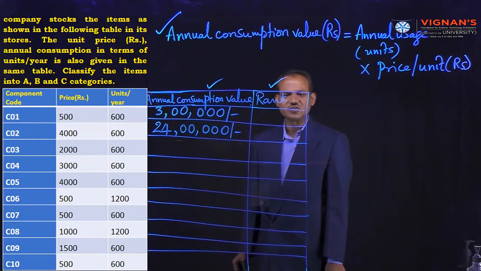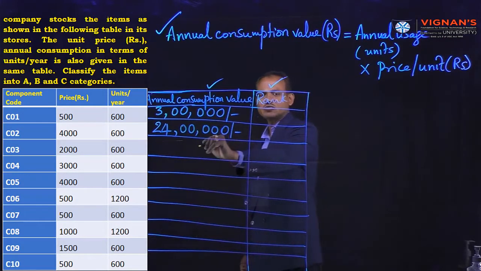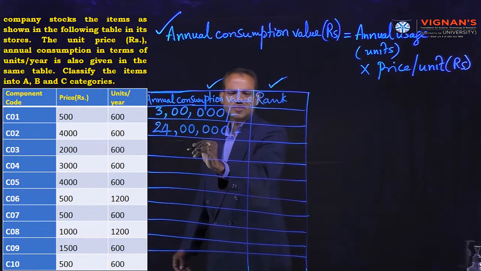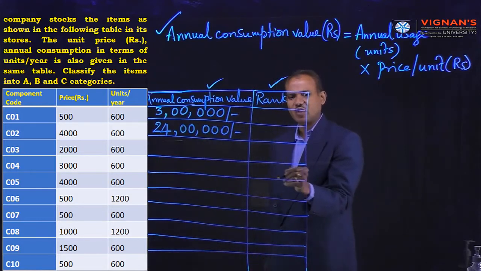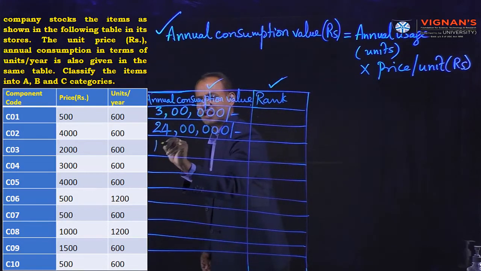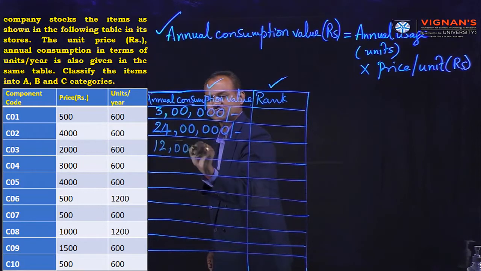For component 3, 2000 into 600, 2 6 12, 12 lakh.